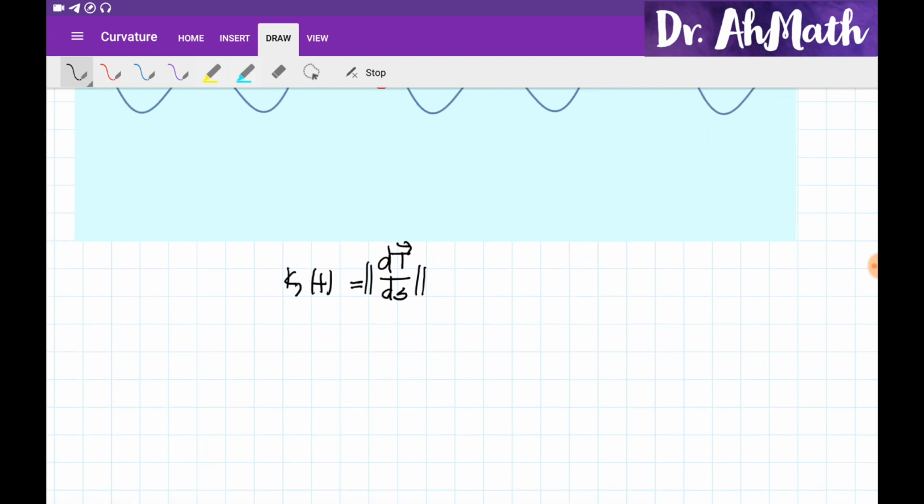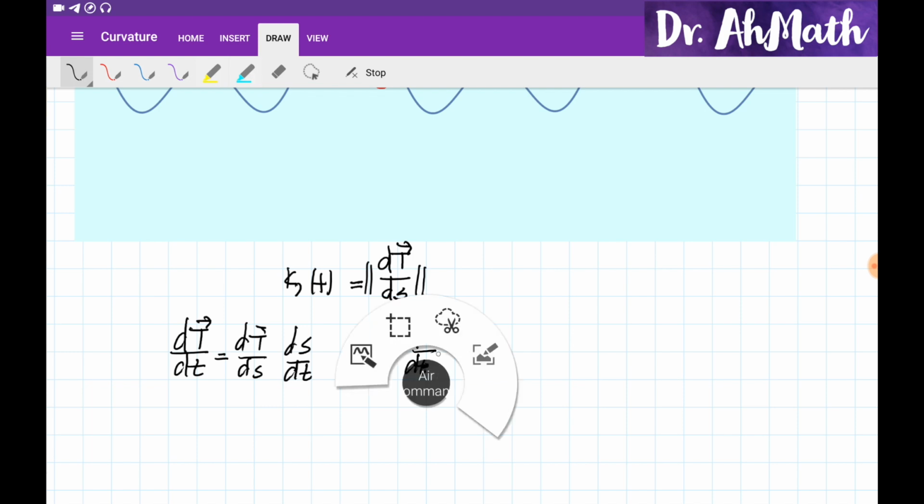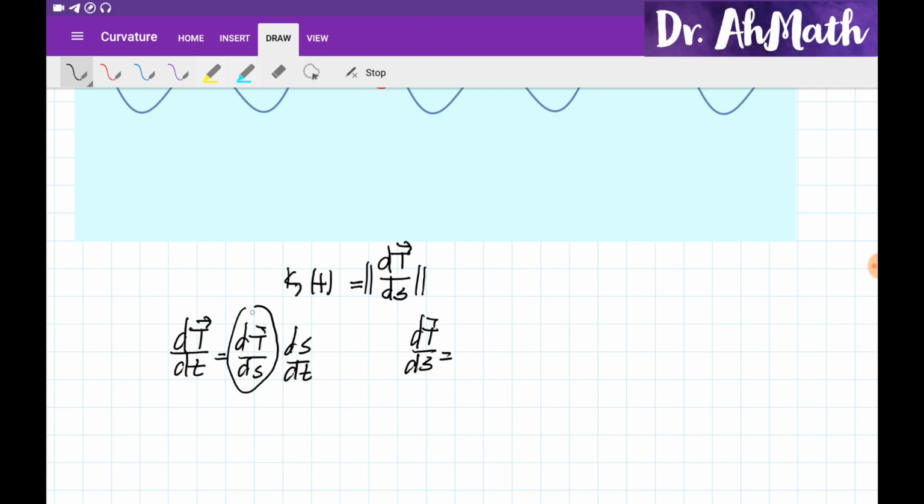Please note that we can write the derivative of the unit tangent vector with respect to t as the derivative of T with respect to s multiplied by the derivative of s with respect to t, according to the chain rule. From here we can find that dT/ds is equal to dT/dt divided by ds/dt.